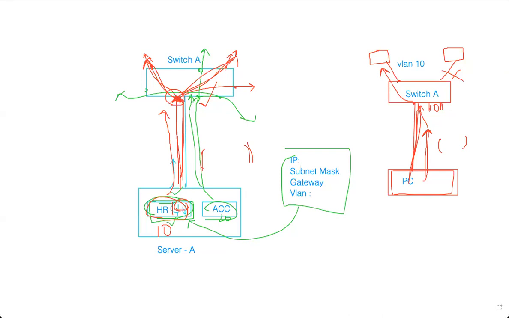Deepak, can you try? What is an access port and why it is used? We use the access port for sending a single VLAN to the specific one from ours. Okay, yeah. So an access port is used to attach a single VLAN to the port.